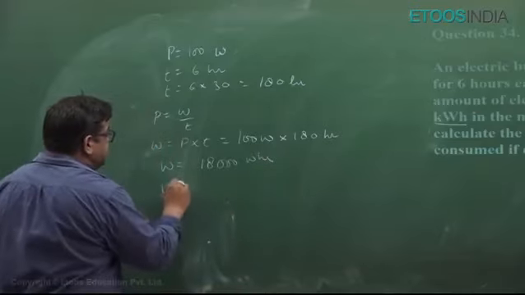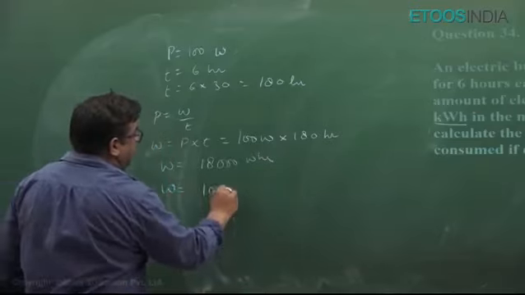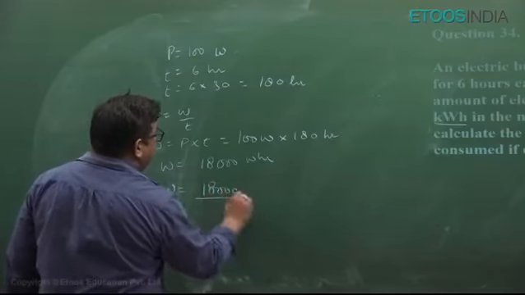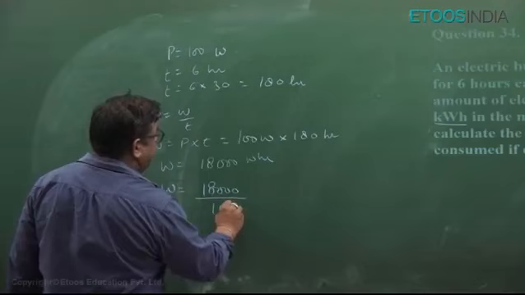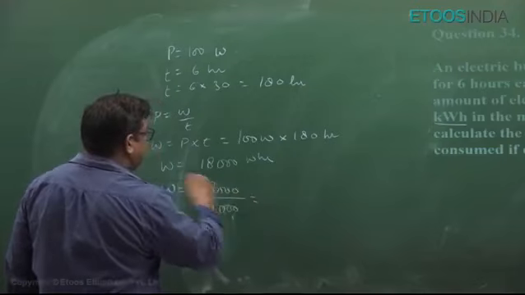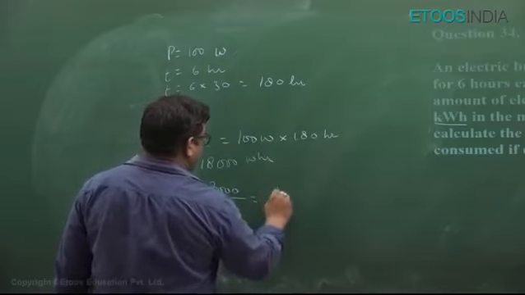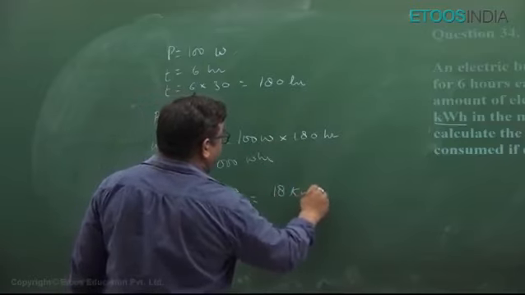So what I'll do is divide by 1000 and the answer will be 18 kilowatt hour.